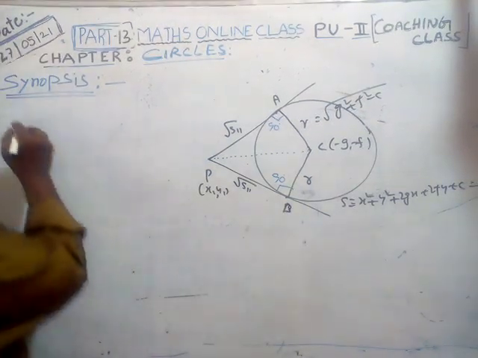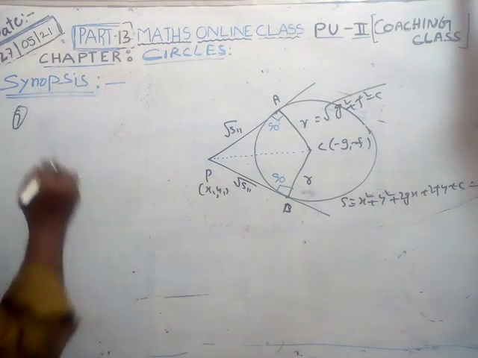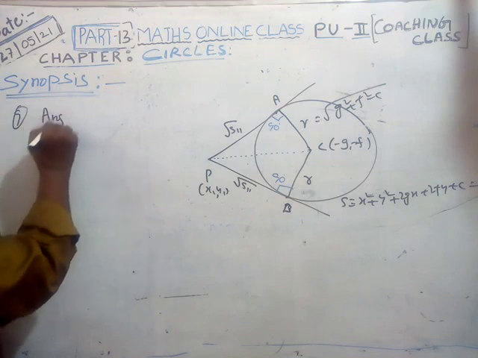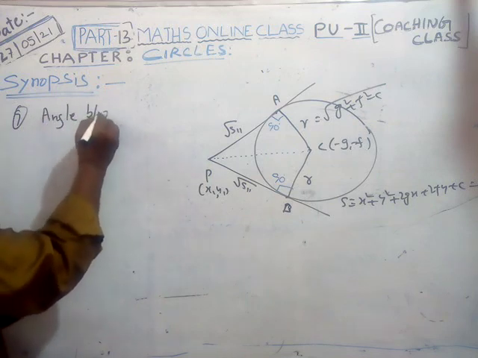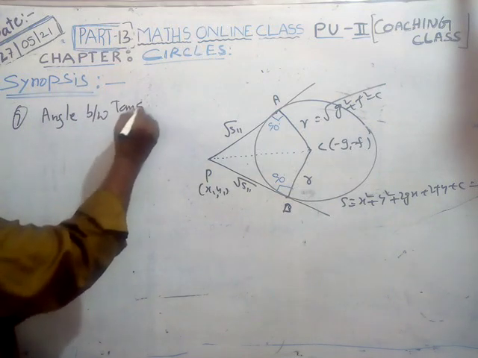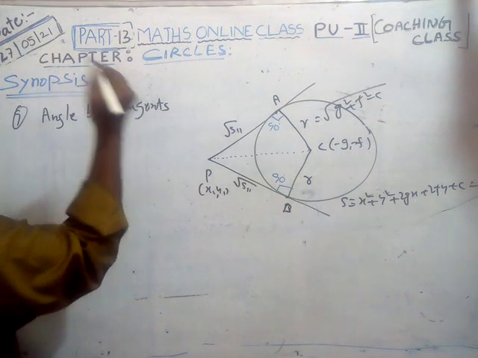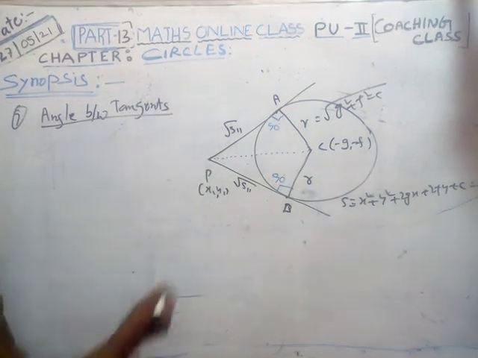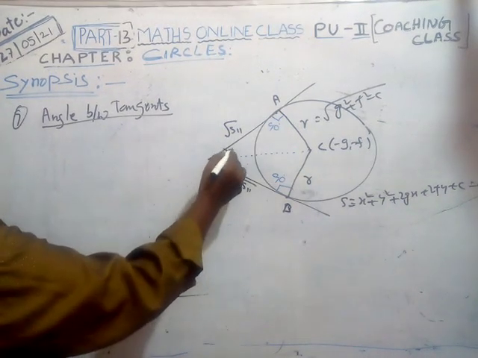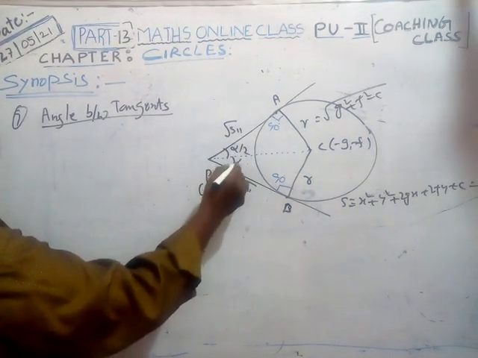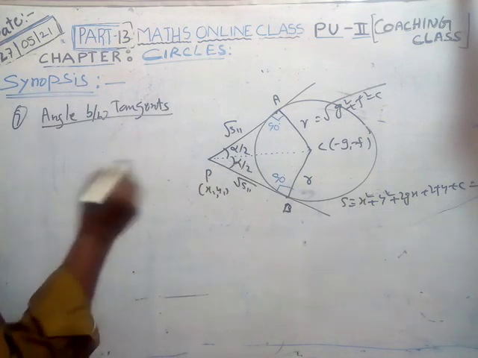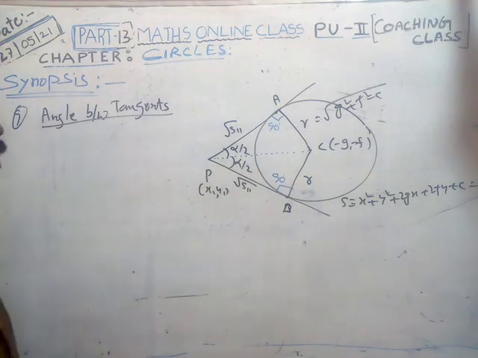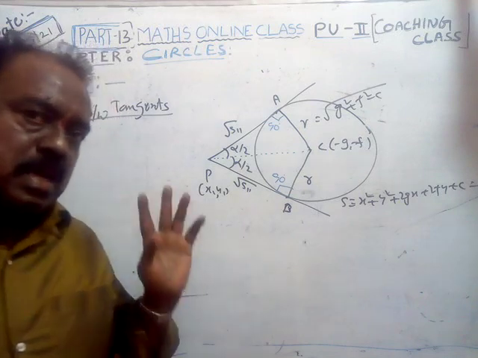Here, one more concept is there: angle between tangents. Here the tangents are there. Say it is alpha by 2, alpha by 2. So, total is alpha. You see, the two tangents are equal.